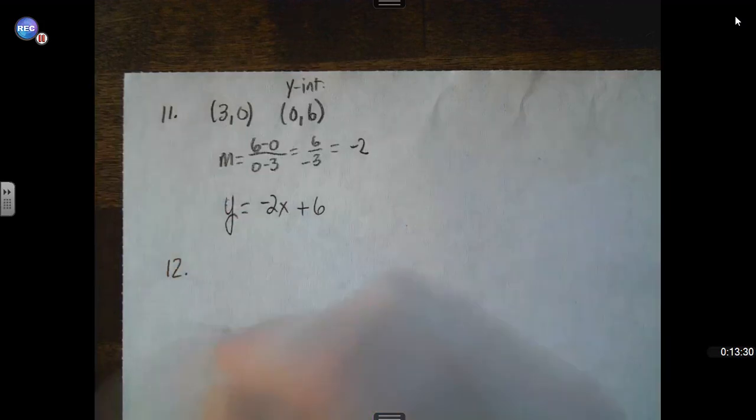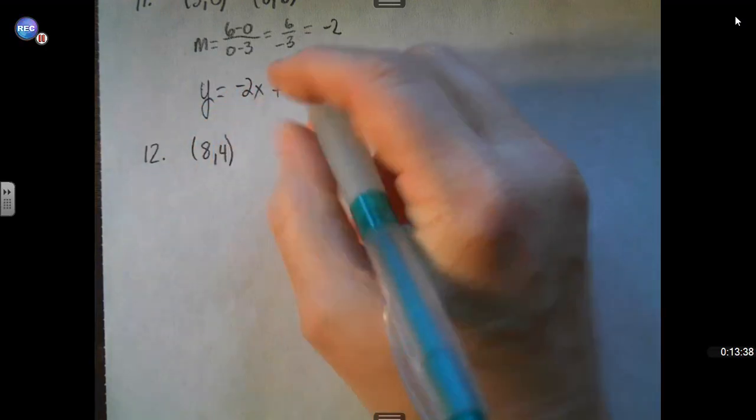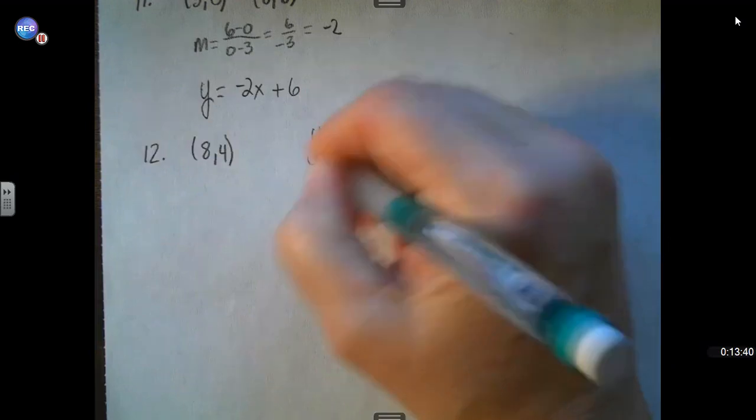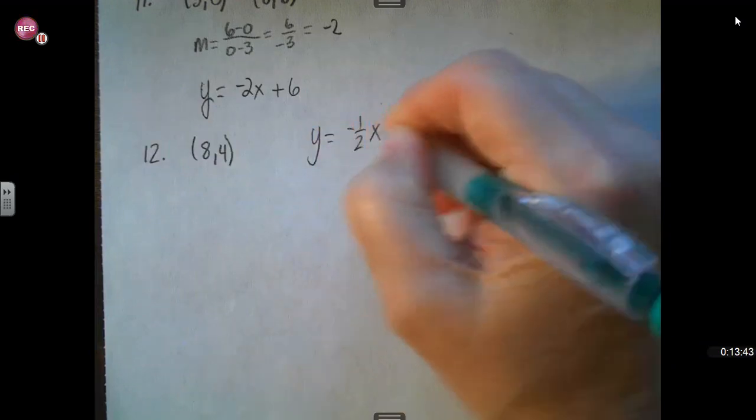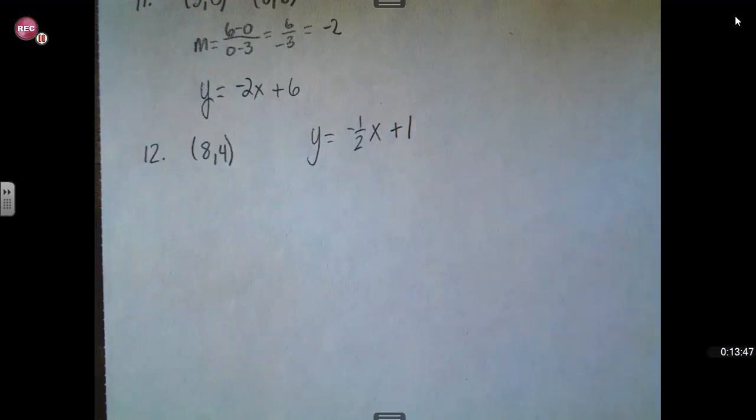Number 12, write the equation of the line in slope-intercept form of the line that passes through the point 8, 4 and is perpendicular to the graph of y equals negative 1/2 x plus 1. So in order to write the equation of the line, again, we need to know a point and we need to know the slope. And we do.